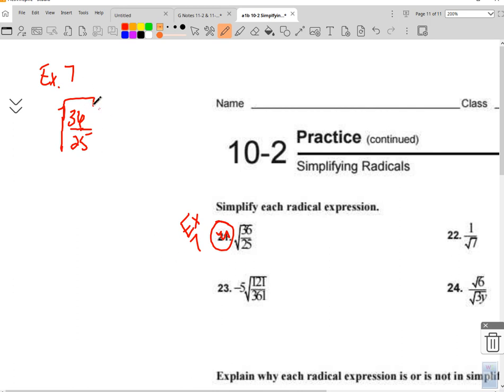All right, so the thing you should know here is this is the same as the square root of 36 over the square root of 25. So now, what is the square root of 36? What's the square root of 25? And that is your answer.